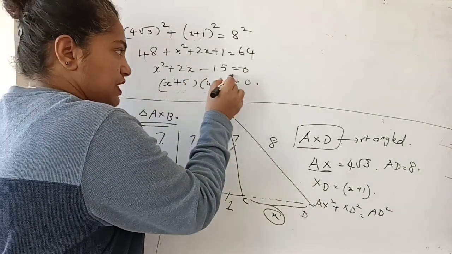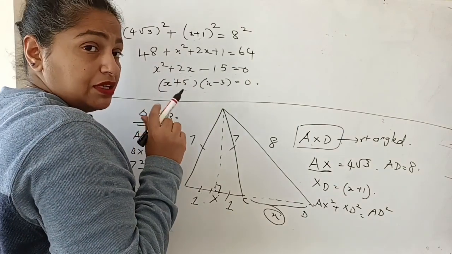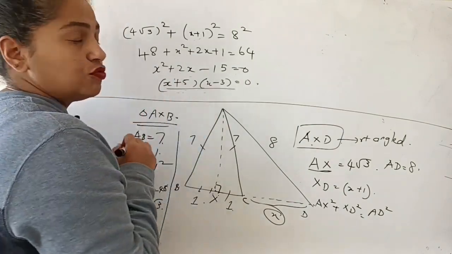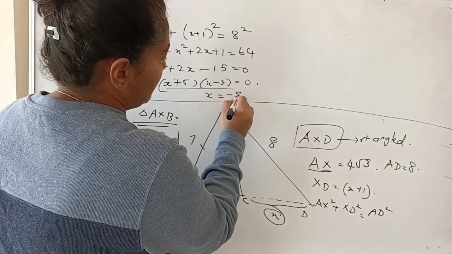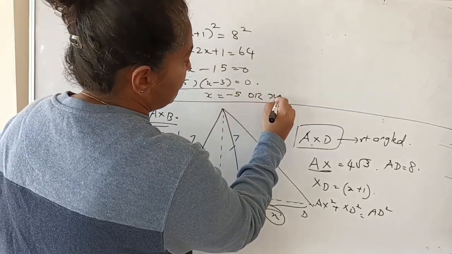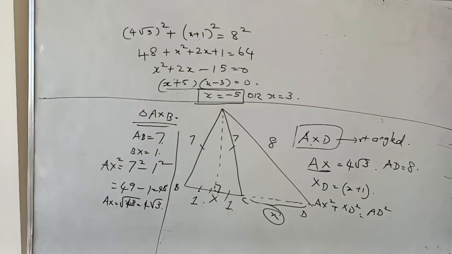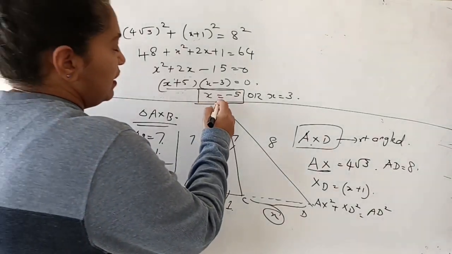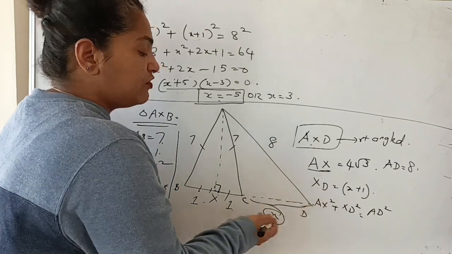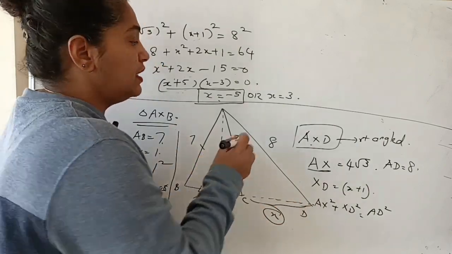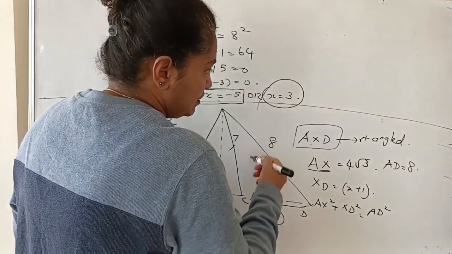I am getting a quadratic. I am splitting up the middle term and I am getting two factors over here. So, from these two factors, x is equal to either minus 5 or x is equal to 3. x equal to minus 5 is not possible because x is a length, and it cannot be negative. So, the value of x is equal to 3.